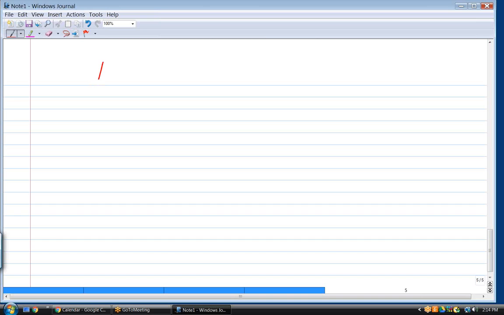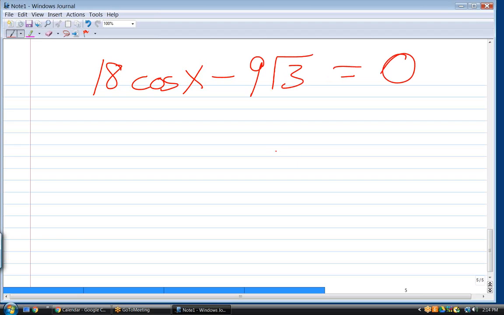18 cosine x minus 9 square root of 3 equals 0. Okay, so what's cosine of x equal to? Would I add 9 root 3?